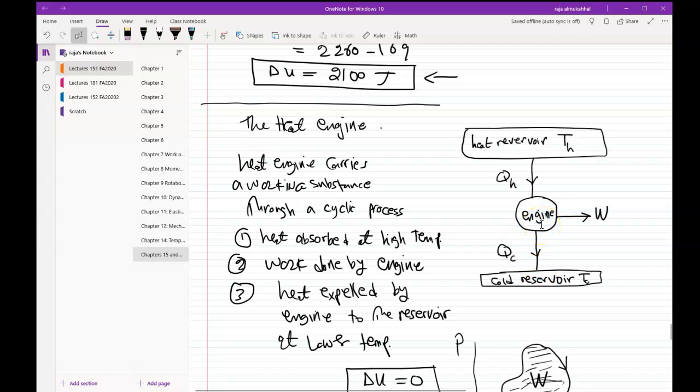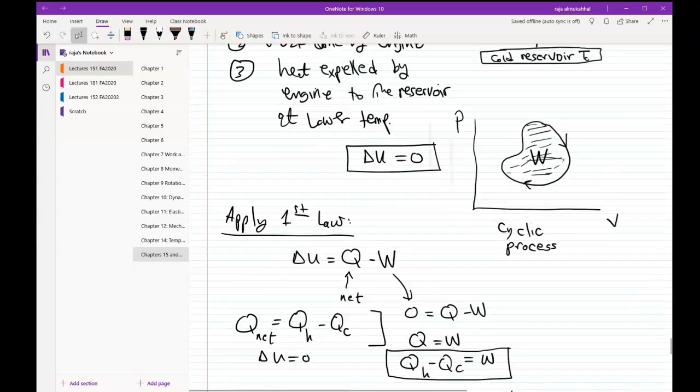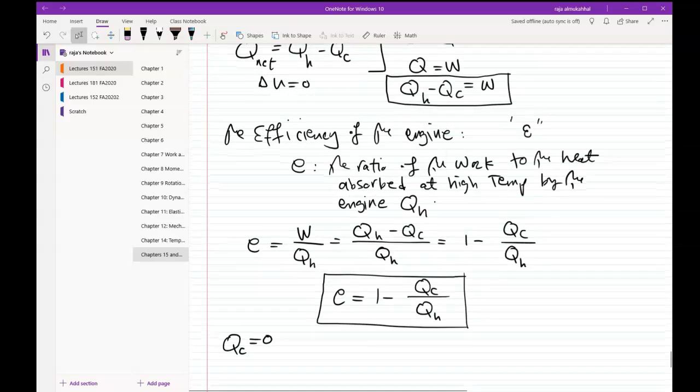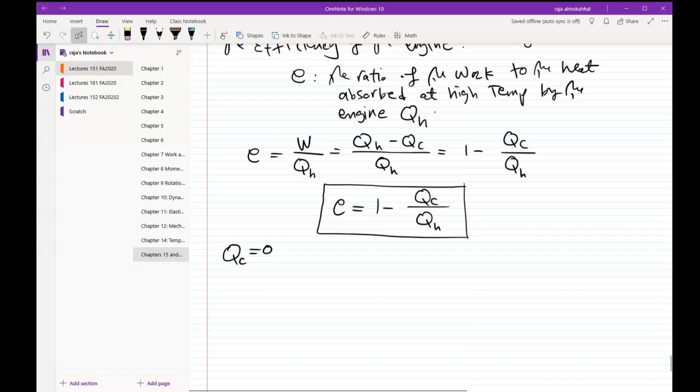We would have a perfect engine. But that's impossible. If Q sub C is equal to 0, that means E is equal to 1, and that's theoretically impossible.